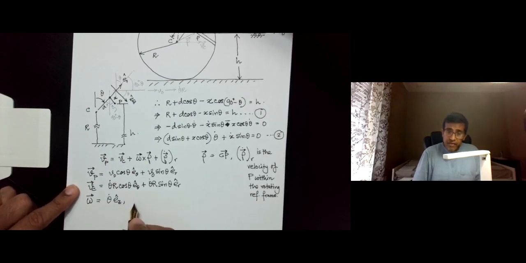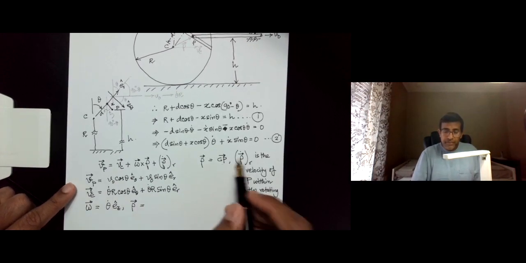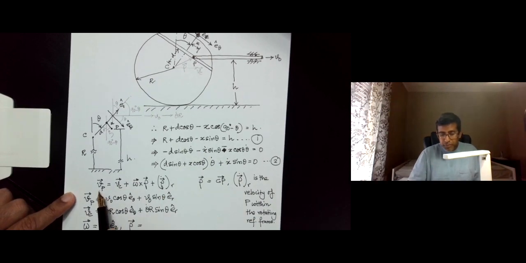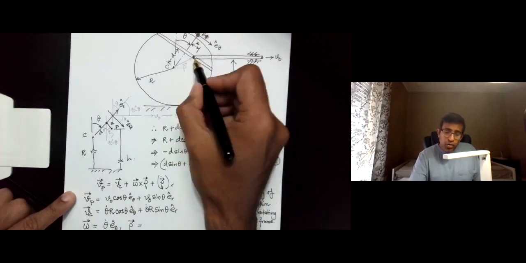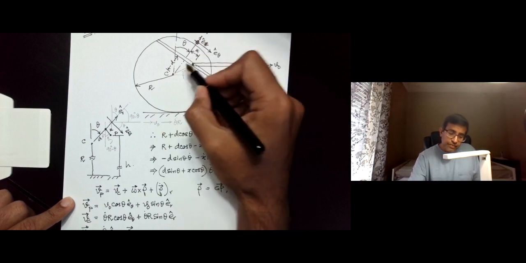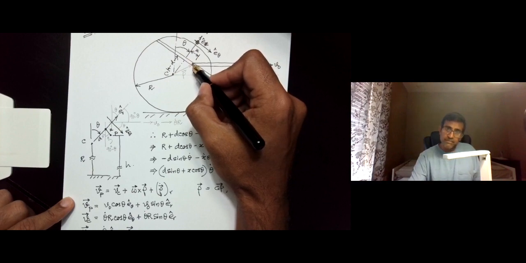Now next let's find out what is rho. Remember, rho is the vector going from C to P, okay? Because we are writing this velocity equation of P relative to C. So rho is shown over here, right? So this vector, you see, is d times ER plus x times E theta.